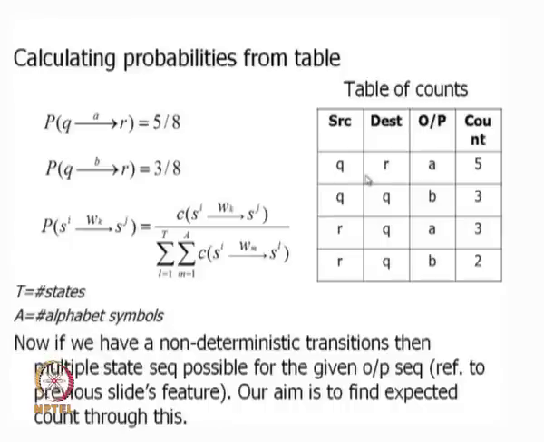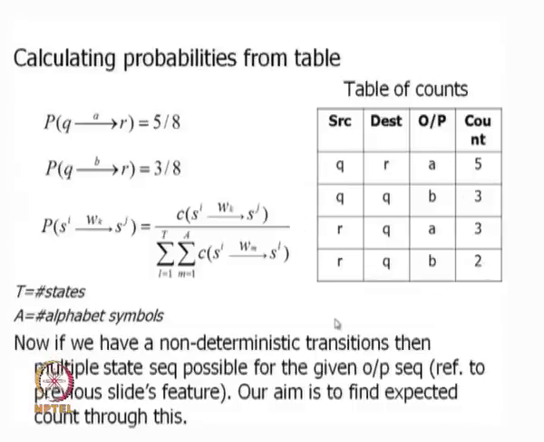In this particular observation sequence and the corresponding state sequence, we find that the Q to R transition with output symbol A occurs 5 times. Q to Q transition with output symbol B happens 3 times. R to Q transition with output symbol A happens 3 times. R to Q with B happens 2 times.